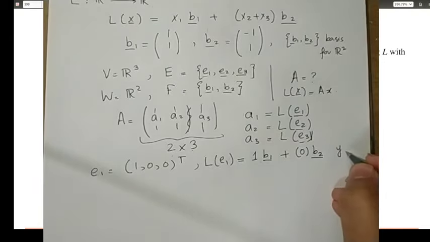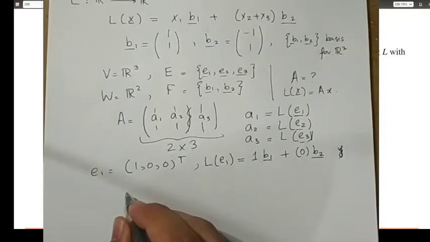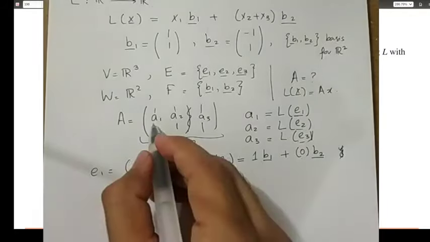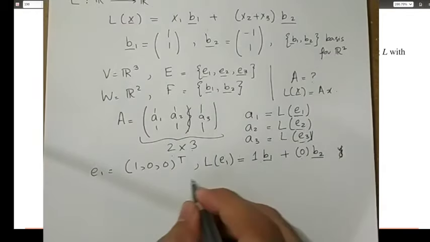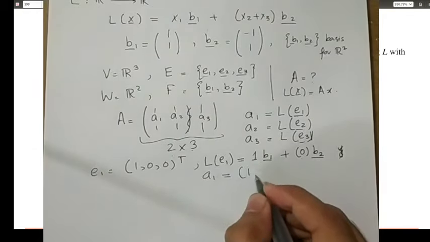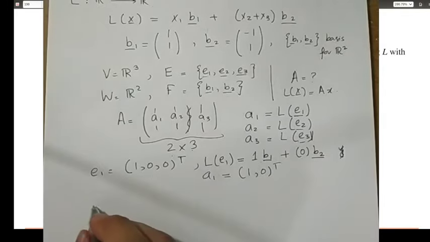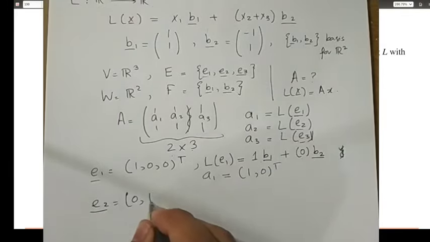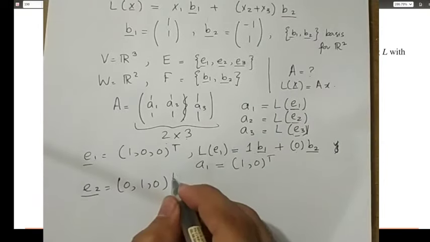So the first column, A1, is simply (1, 0) transpose. Similarly for E2, it's simply (0, 1, 0) transpose.